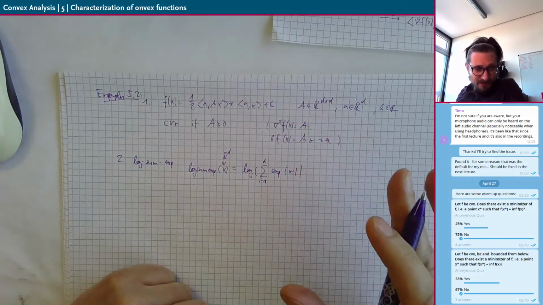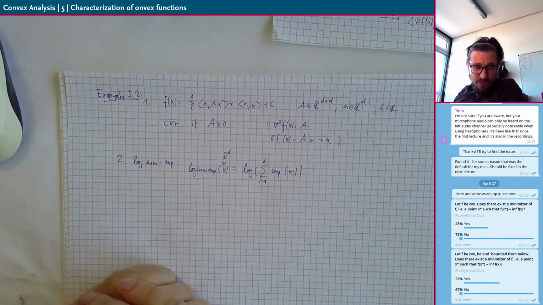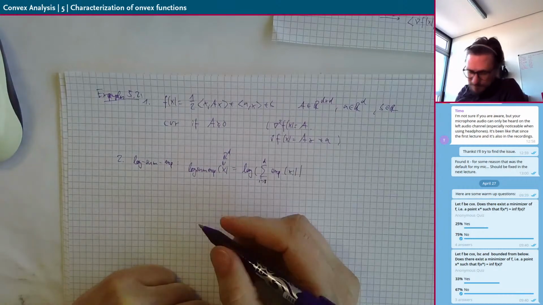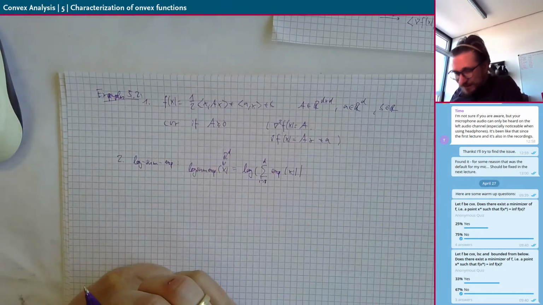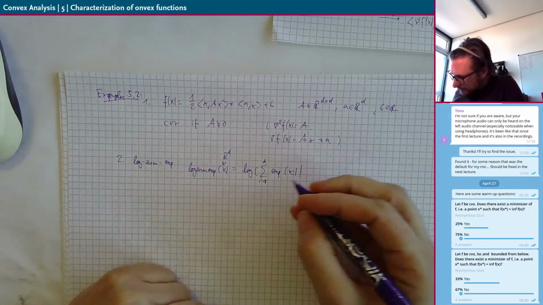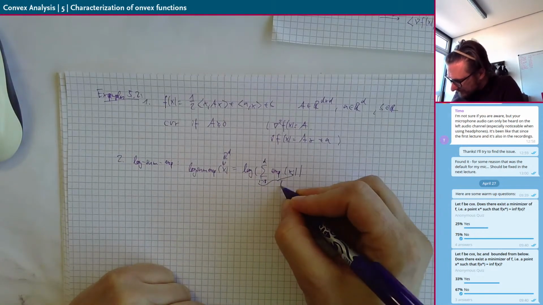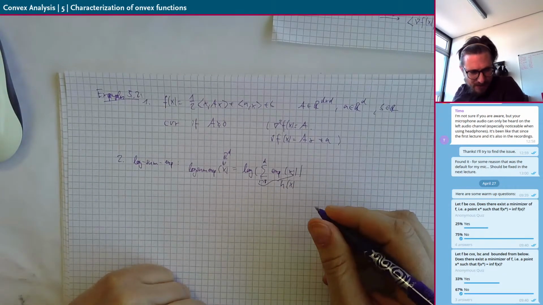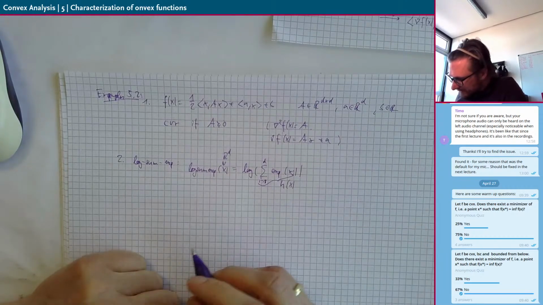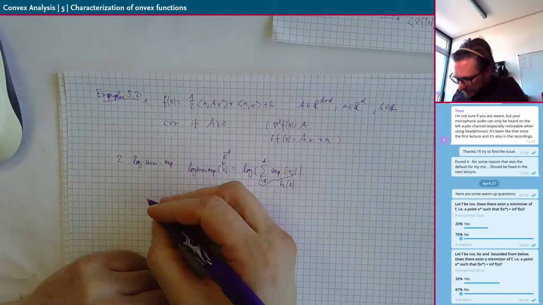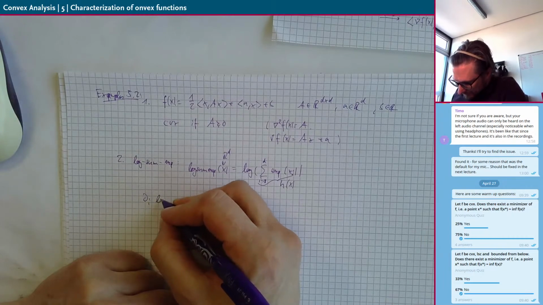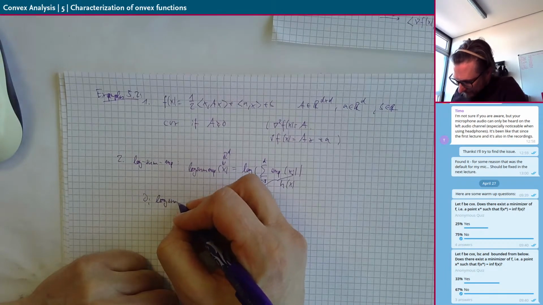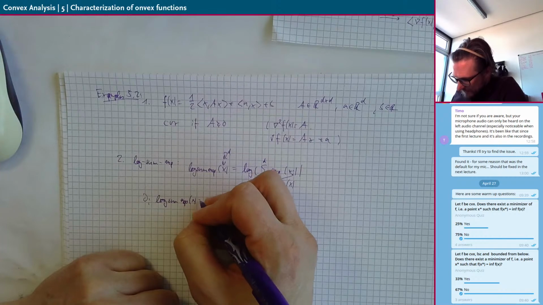And this is convex, and we're going to show this by using the characterization by derivatives. Okay, let's calculate the gradient and the Hessian of that guy here. So we call this here h of x, and this is then log of h. We can calculate the partial derivatives of the log-sum-exp of x.